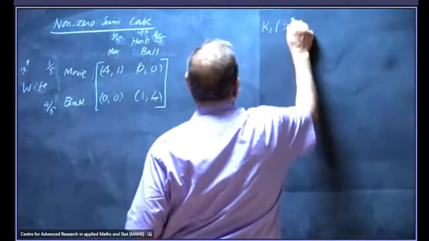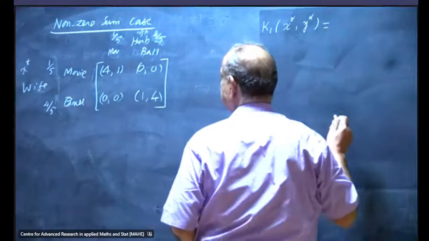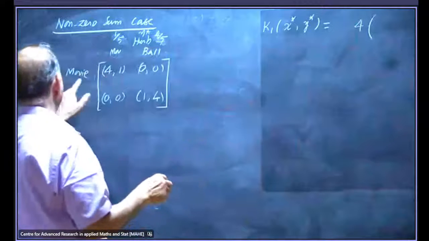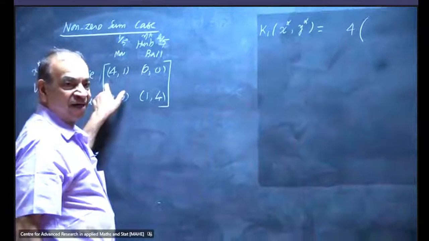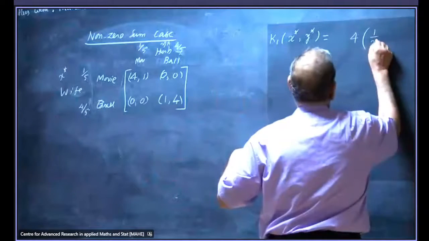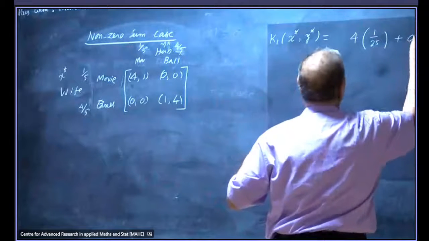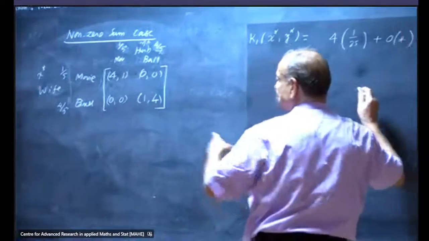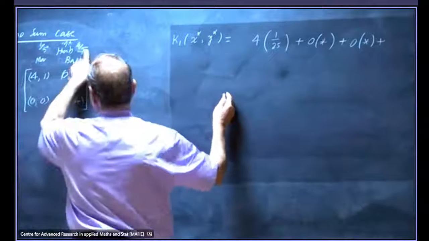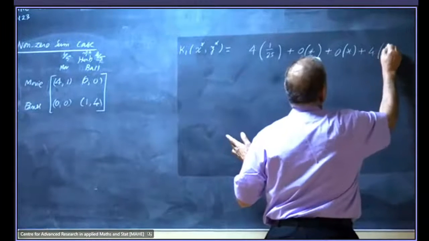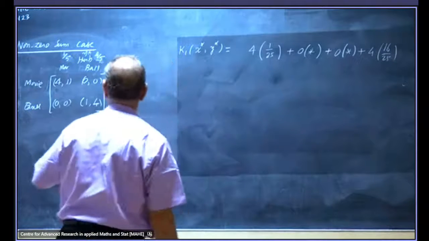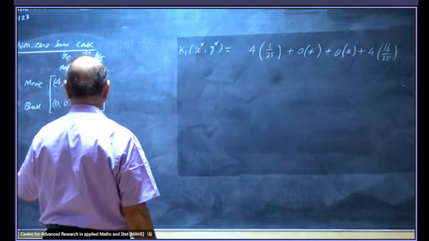So K1 of X star, Y star equals 4 times, see, she's going to receive 4 provided they both buy the movie ticket, for which the chance is 1/25, plus 0 times, it doesn't matter what it is, plus 0 times whatever it is, plus this one is 4/5 times 4/5, which is 16/25.